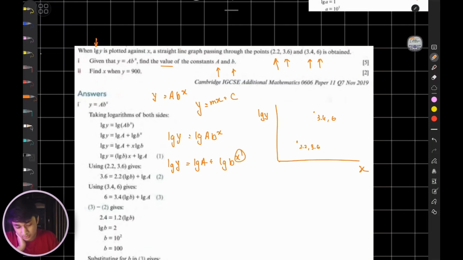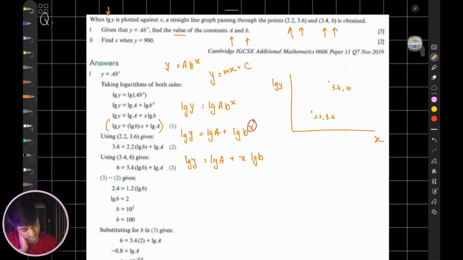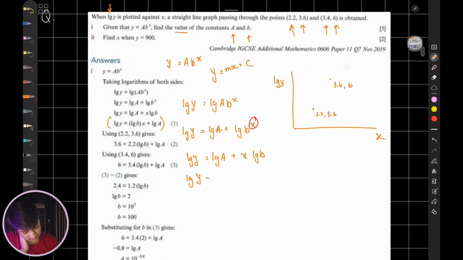Whenever you have a power, you can bring the x in front of the logarithm sign. Fair enough. Let's do that. It's going to be log y equals log a plus x log b. What is the equation? This one: log y equals log b x plus log a. Is that exactly the same? We can just rearrange it to make it exactly the same. It's going to be log b x plus log a.